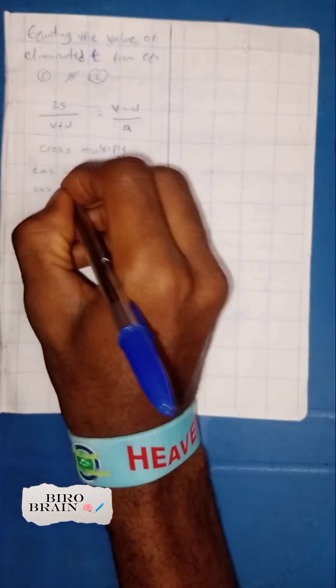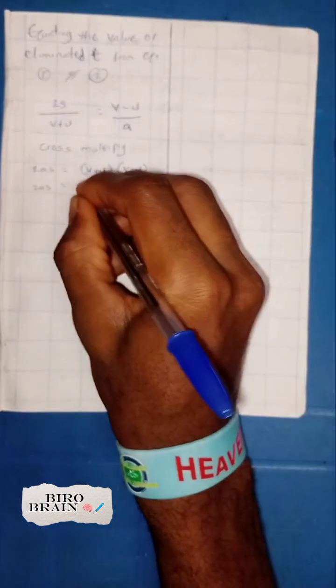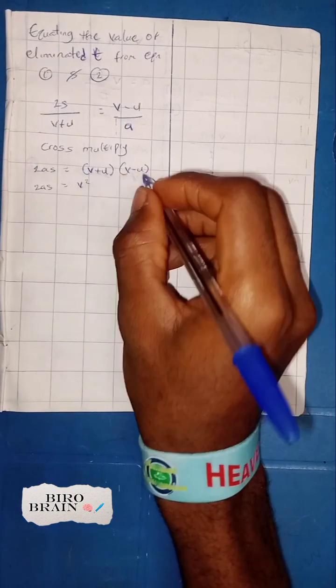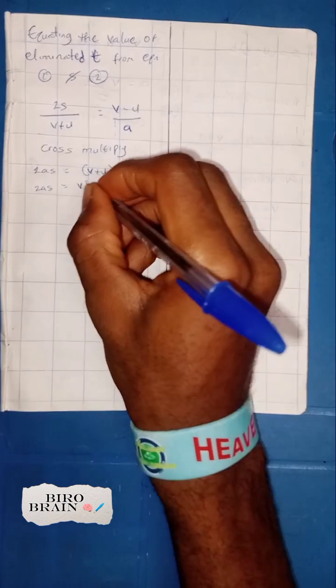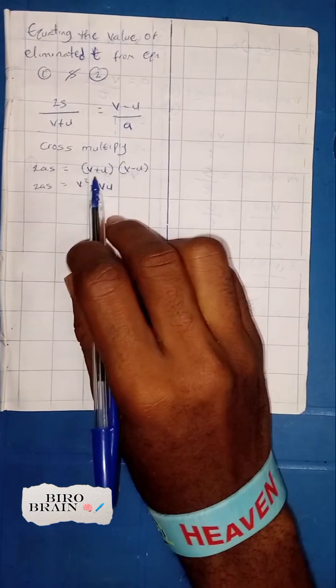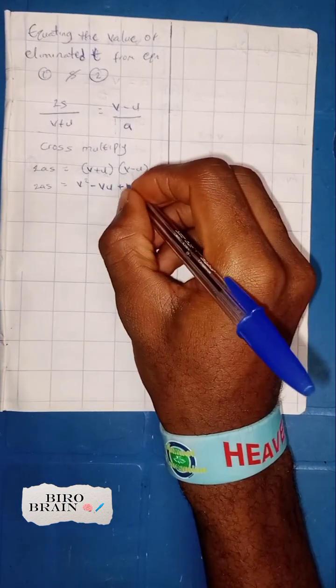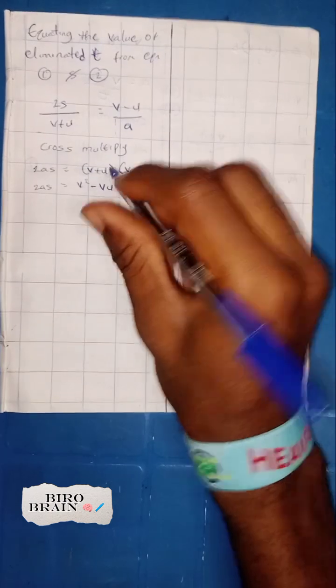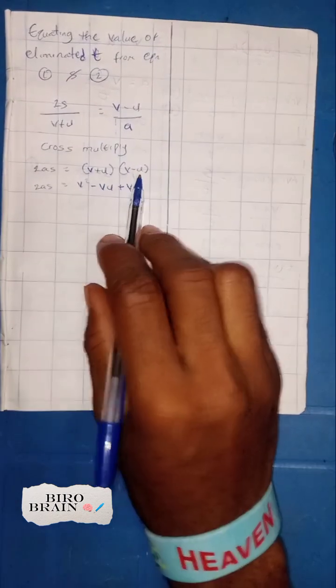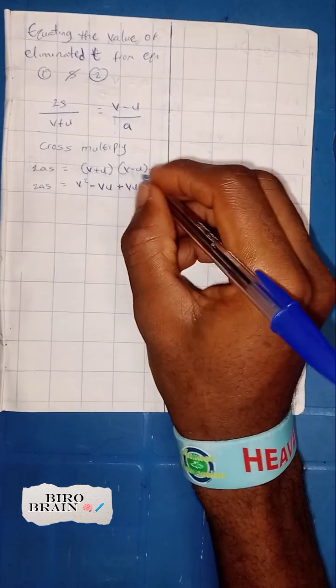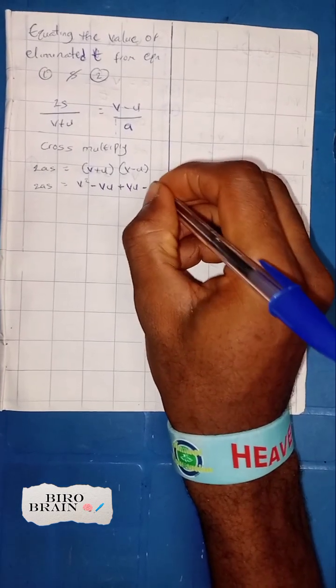And you have 2as is equal to v times v, that's v squared. v times minus u, that's minus vu. Then u times v, that's plus vu. Then plus u times minus u, that's minus u squared.